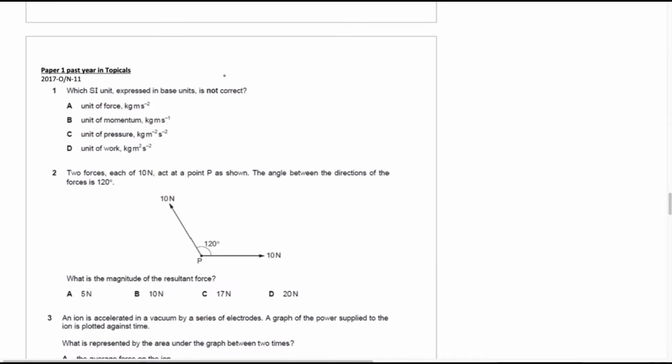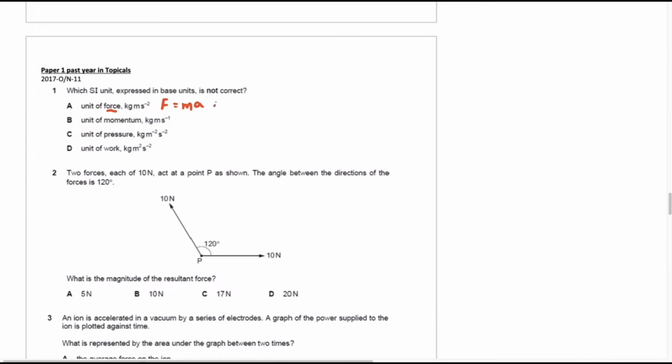Okay, so let's say the first question. Which SI unit expressed in base units is not correct? So when we want to do this, we need to remember the formula. Do you remember the formula of force? Force equals mass times acceleration.